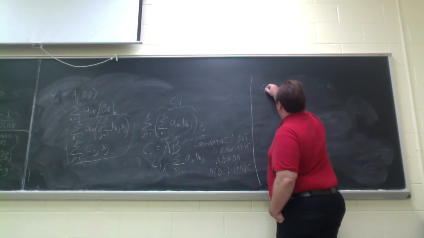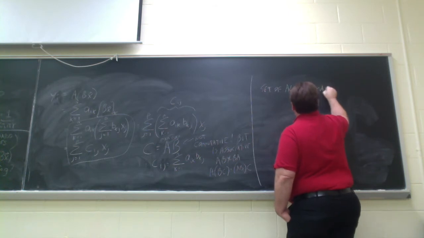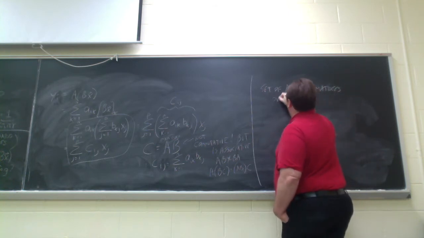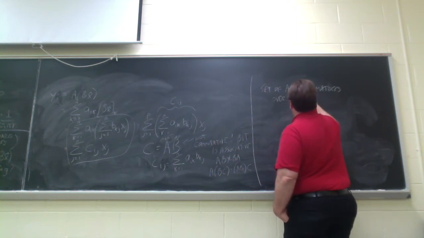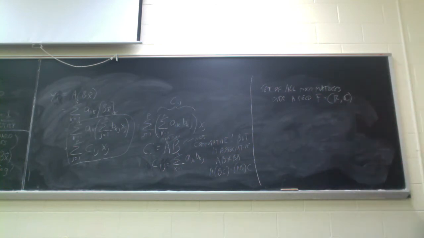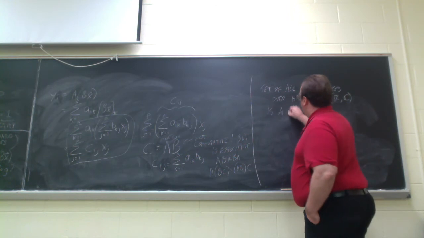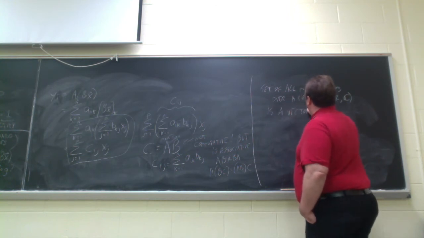The set of all M by N matrices, all matrices of the same size, over a field F, and again, that could be either, for our purposes, the real numbers or the complex numbers, forms a vector space.